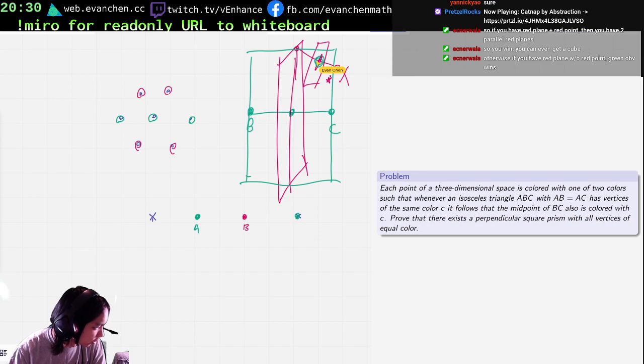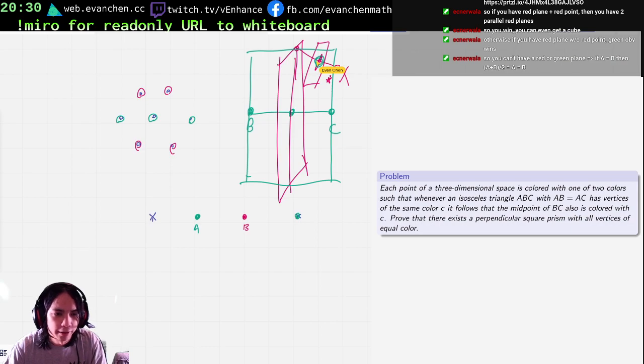Okay, you're right, yeah. Case 1, if there exist any points B and C which are green, I guess we're using green and red, and have a red midpoint, then the entire perpendicular bisecting plane is red.